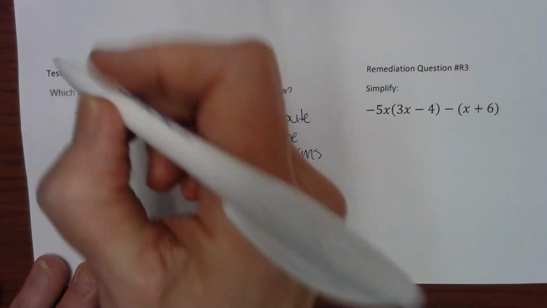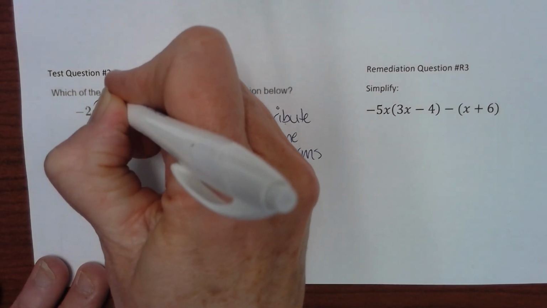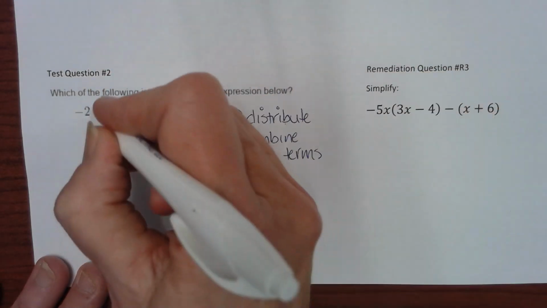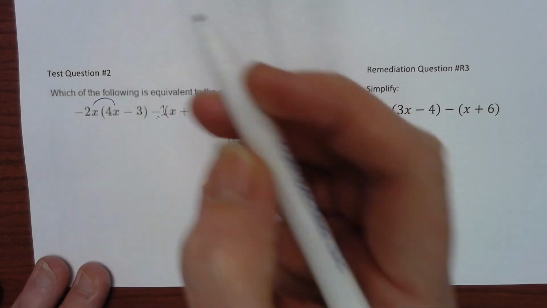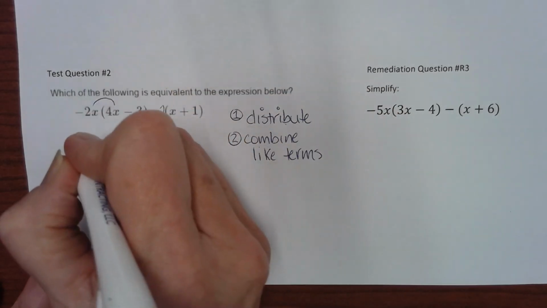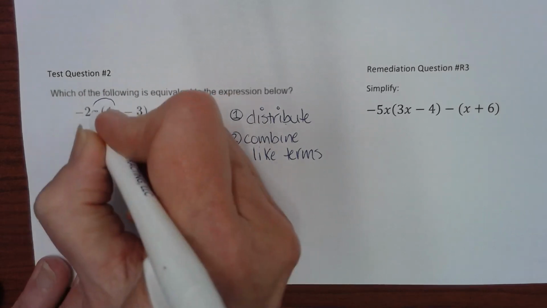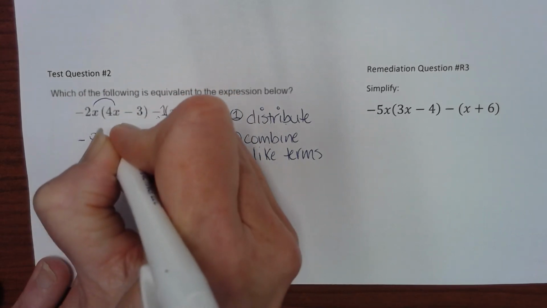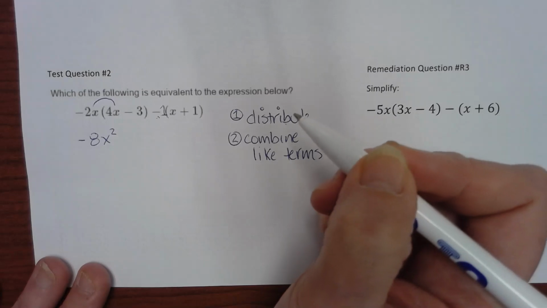All right. So I am going to distribute here, and remember this is multiplication, so I'm adding powers and multiplying coefficients. So -2 times 4 is -8, and power of 1 and power of 1, I'm going to add those and get a power of 2.